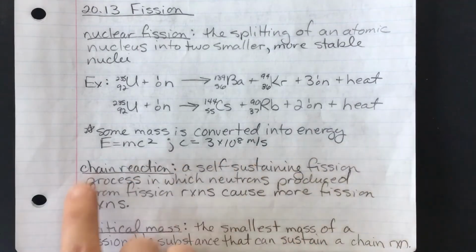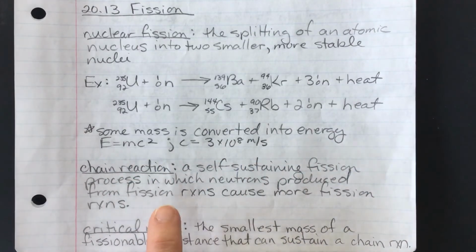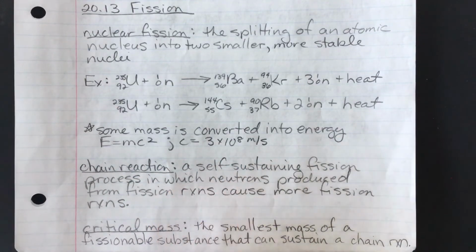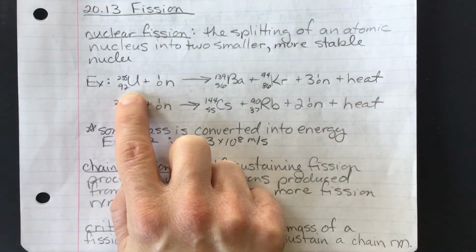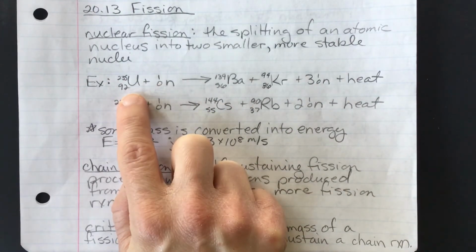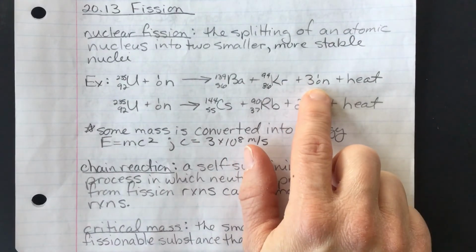Now, with nuclear fission, we can get what's called a chain reaction. This is a self-sustaining fission process in which neutrons produced from fission reactions cause more fission reactions. So up here, you see how we bombarded this uranium atom with a neutron and how it produced 3 more neutrons.